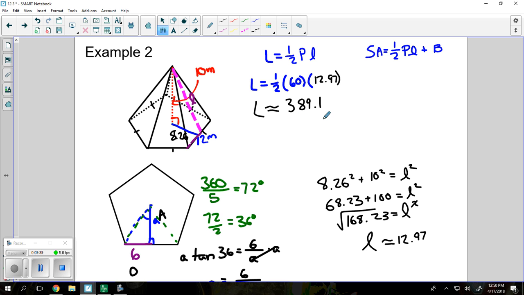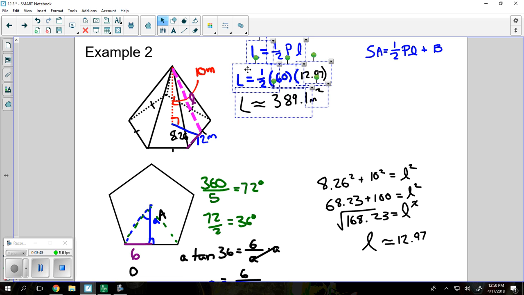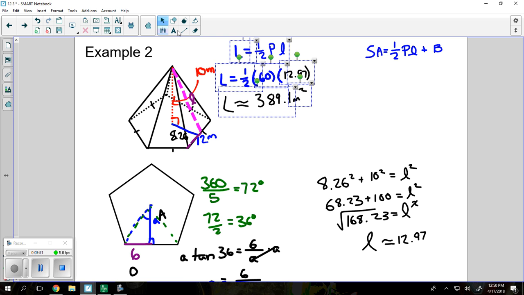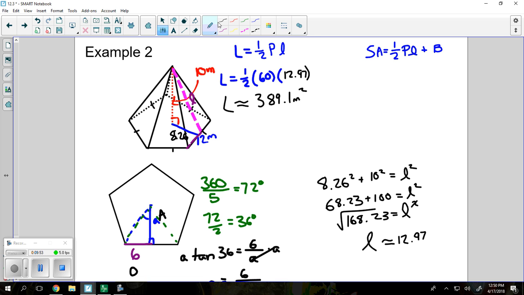On my screen I got that exactly, but I know I rounded throughout this, so I'm still going to say approximately meters squared. So our surface area, give myself a little bit more room here. We already know half PL is 389.1.